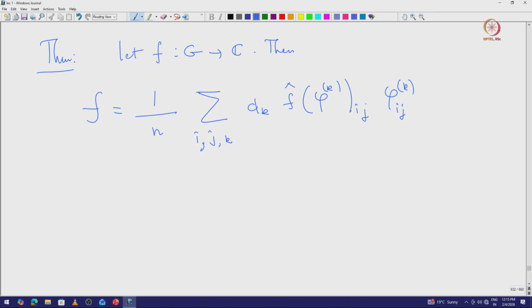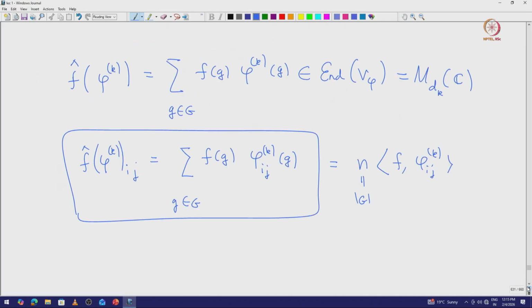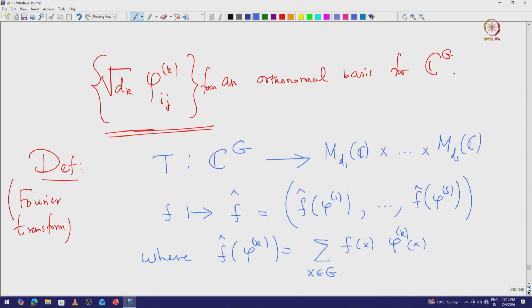So, that means given the Fourier transform we can recover f completely. So, the map that we defined gives us an isomorphism. Once we prove this is injective, both have the same dimension, since the cardinality of G is exactly d1 square plus etcetera plus ds square. So, that implies that this map is indeed an isomorphism.